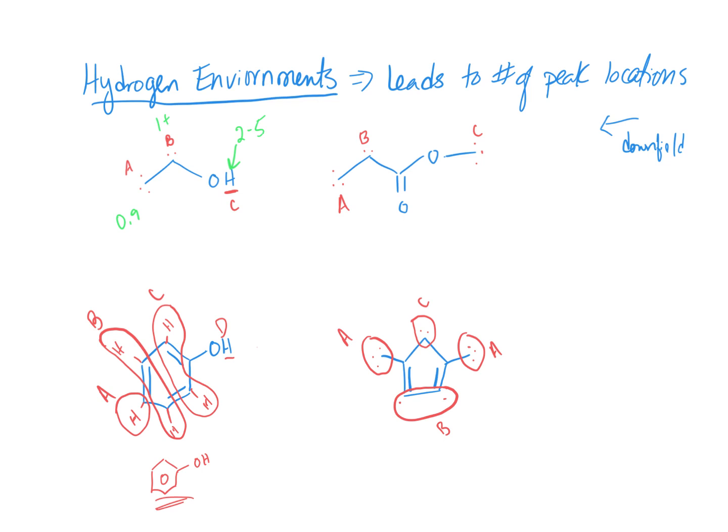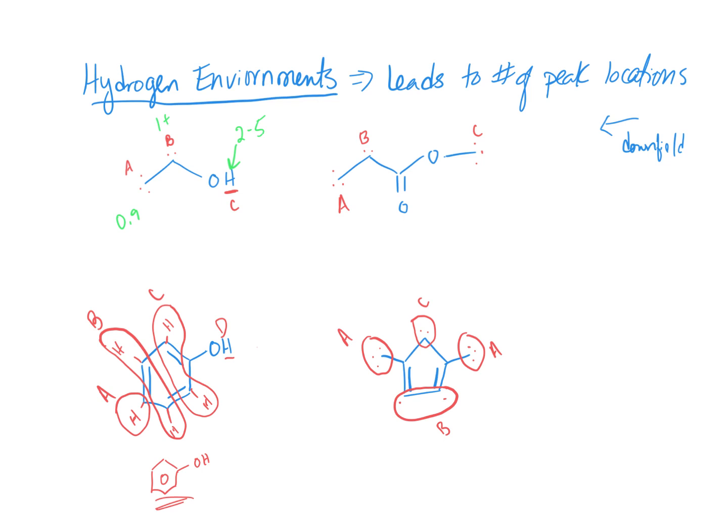So the fact that that CH2 is right next to an OH might move it a little bit further up, or, sorry, up in number, but closer to downfield. Those terms can get a little bit confusing.